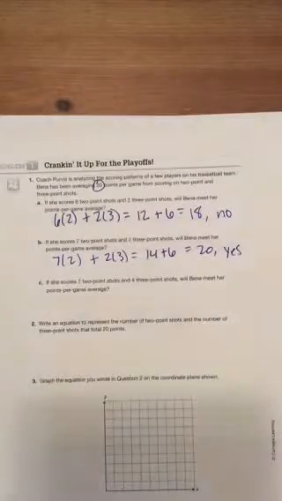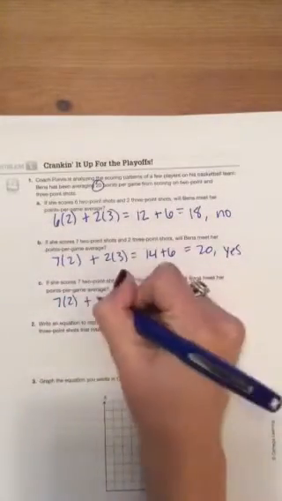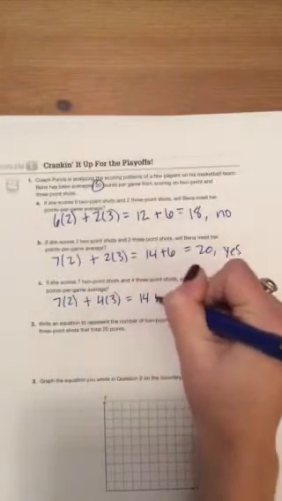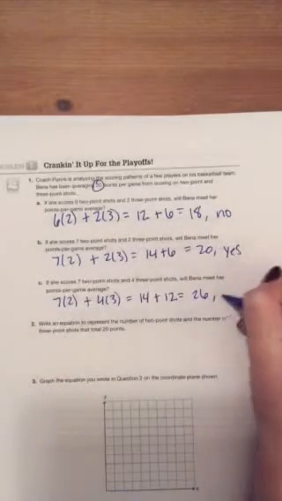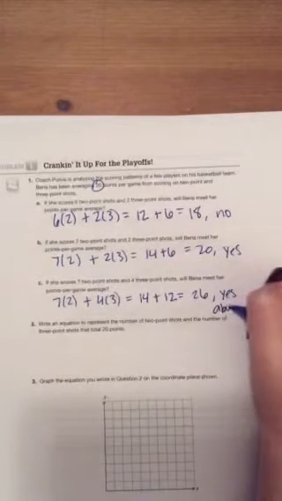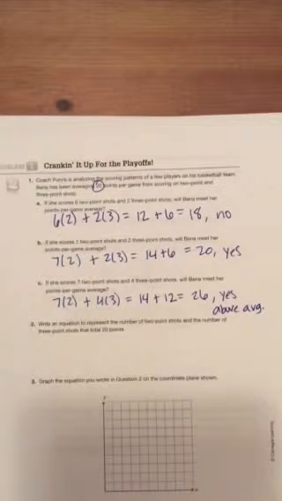I'll write it up here. Okay, so I got that she would score 26 points. And yes, she would meet her goal. She would even be above that average that she wants.